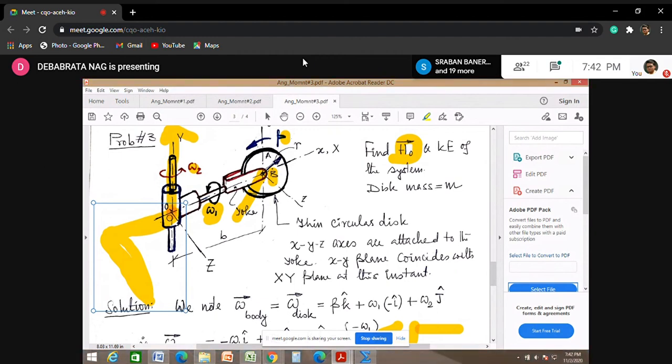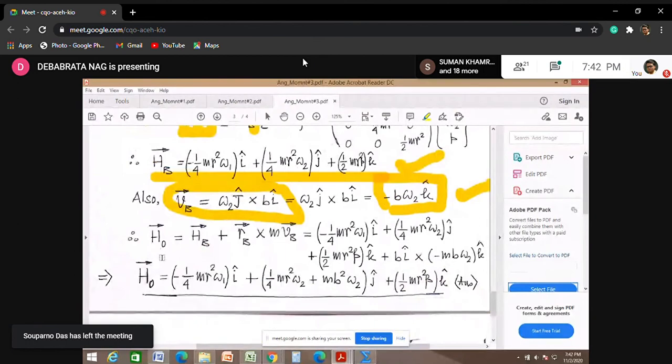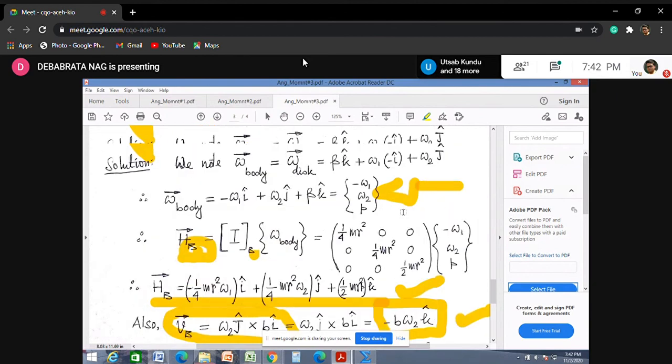So I simply calculate with the angular momentum transport theorem, religiously carry out the vector multiplication, and I get the equation for the angular momentum of the entire system about point O. Now that is done.